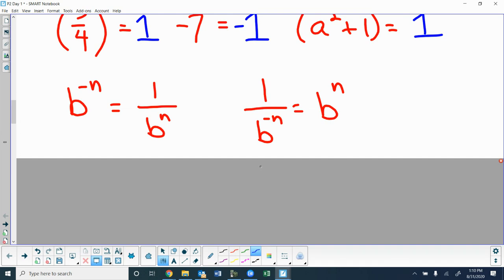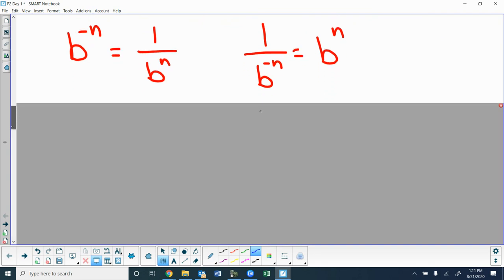When I have a base raised to a negative power, that means reciprocal. If I have 1 over a base raised to a negative power, reciprocal. Just flip it and it becomes positive. That's how we want to write our answers, with positive exponents.